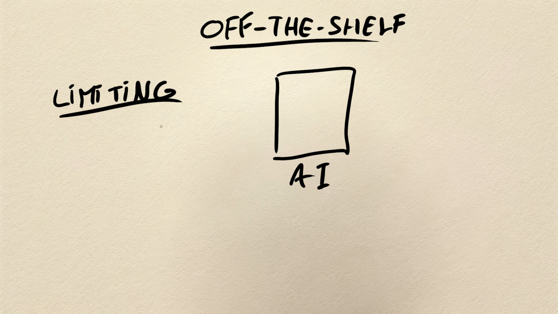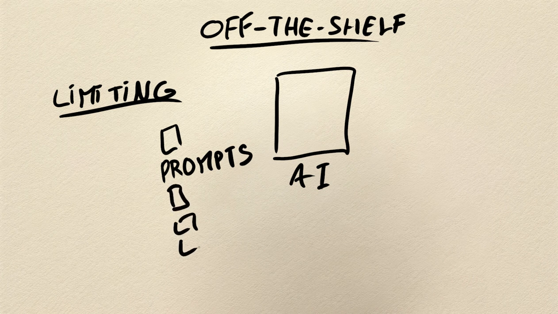Basically, the way they work is you have prompts here, and you work on the different prompts. So you have multiple ones, right? And the AI is going to choose the prompt.